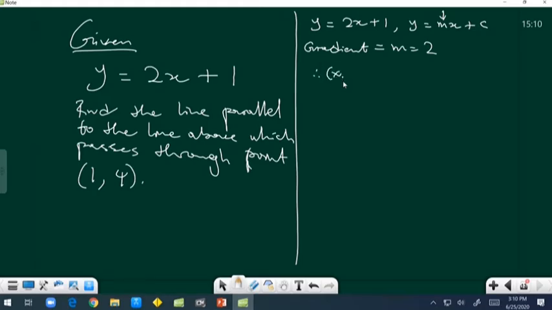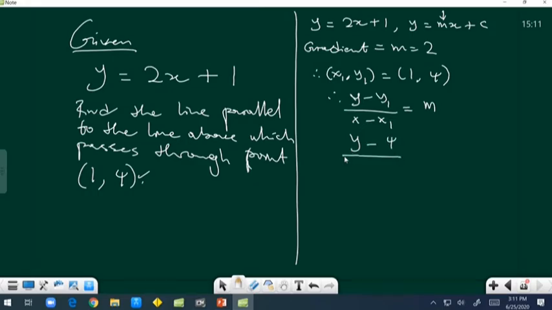And therefore, the new point that has been given, x1, y1, is 1, 4. So we have the slope: y minus y1 over x minus x1 is equal to m. That is y minus 4 over x minus 1 equal to 2.